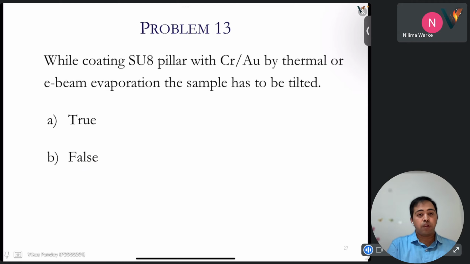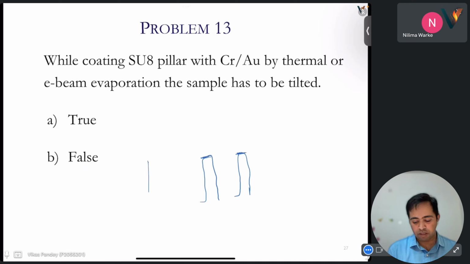While coating an SU8 pillar with chromium gold by thermal or E-beam evaporation, the sample has to be tilted. Is it true or false? The pillars we have made, and we want to coat these pillars. If we see the top level, these are the top levels, and at some distance we want to coat this throughout, so that it becomes conductive.